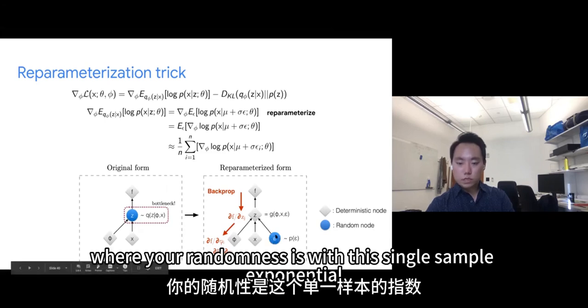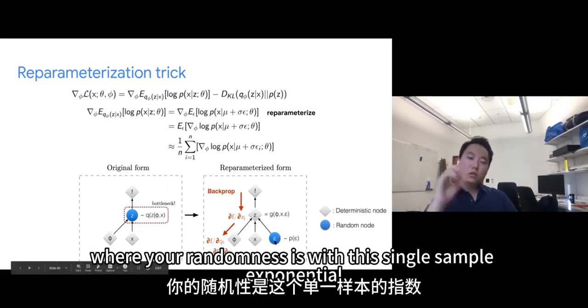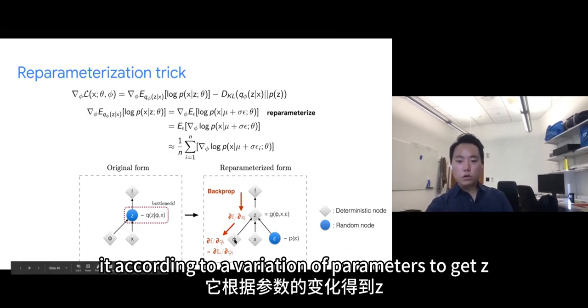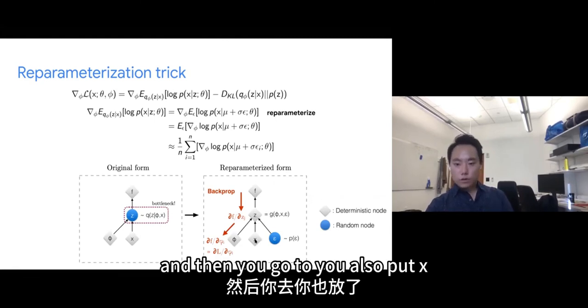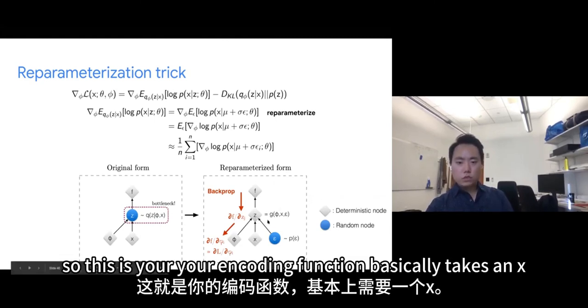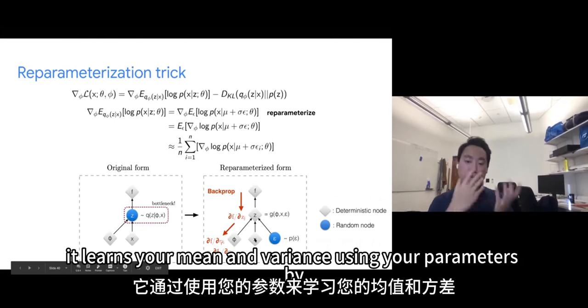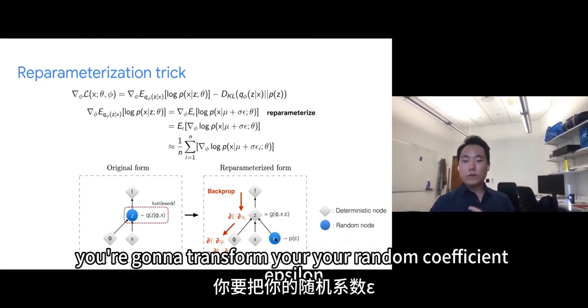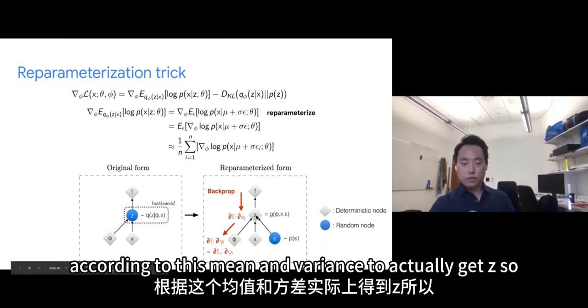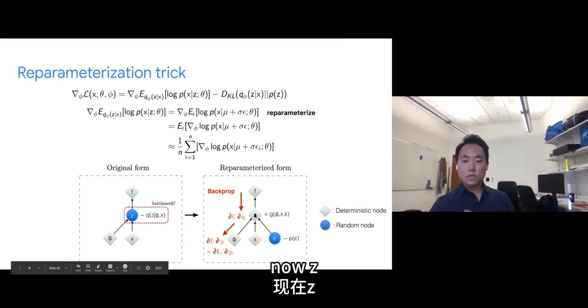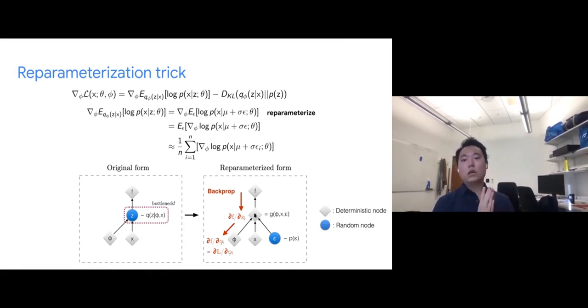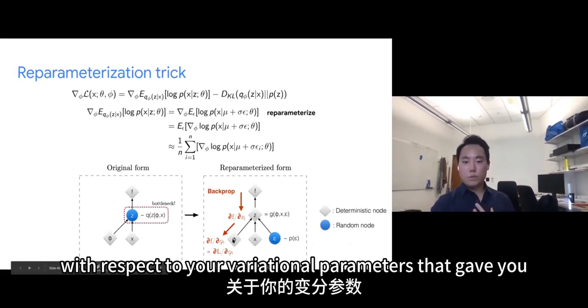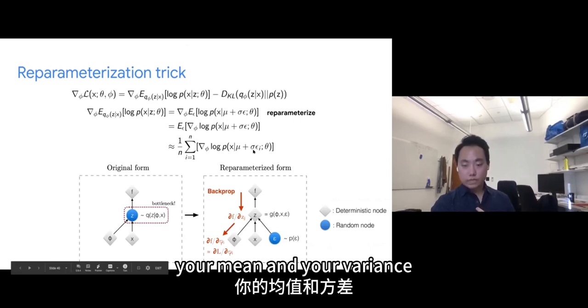So what reparameterization does is that it just samples a single epsilon. So this is where your randomness is. With this single sample epsilon, you're going to transform it according to your variational parameters to get Z. And then you can also put X. So this is your encoding function, which basically takes in X. It learns your mean and variance using your parameters phi. And then you're going to transform your random vector epsilon according to this mean and variance to actually get Z. So now Z is a deterministic function with respect to your variational parameters that give you your mean and your variance.